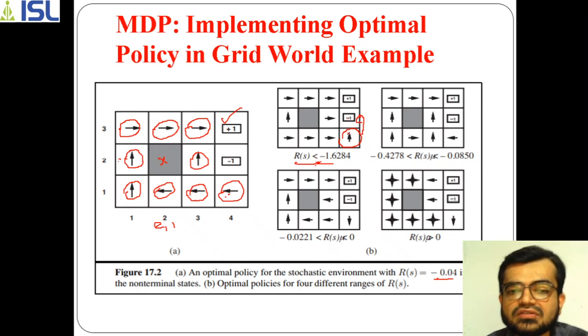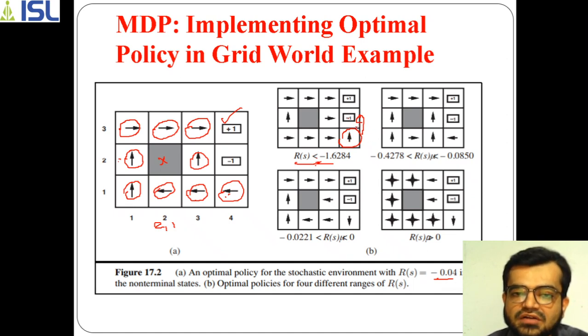So that's why it will take the risk here to enter this state, because the ultimate goal is to increase the reward value. Because of that, the agent will prefer here. In this example the agent is moving in the left direction, because the range has changed: it is less than or equal to minus 1.6284, which is more negative compared to minus 1.